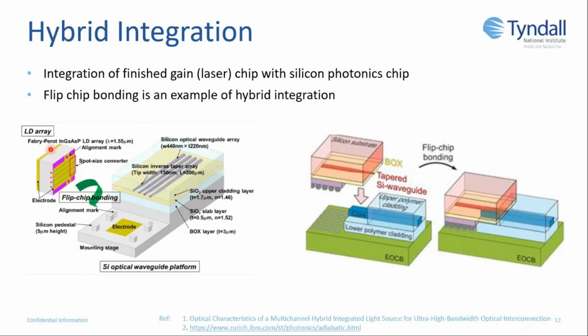Now, the chip that is to be flip chip bonded doesn't necessarily have to be the gain chip. Over here, we have an example of a tapered waveguide that's going to be coupling to a polymer waveguide. But the key thing is that these chips have finished devices on them.